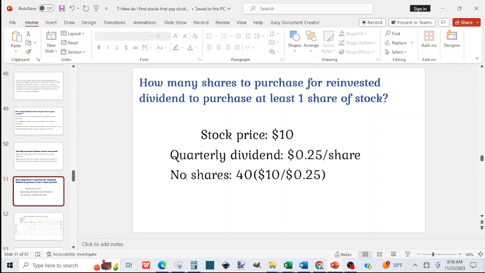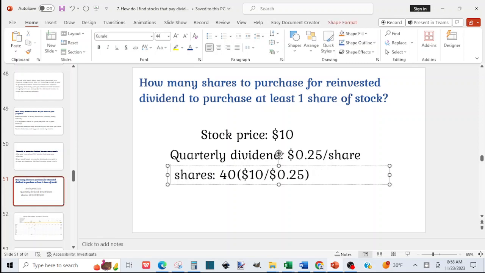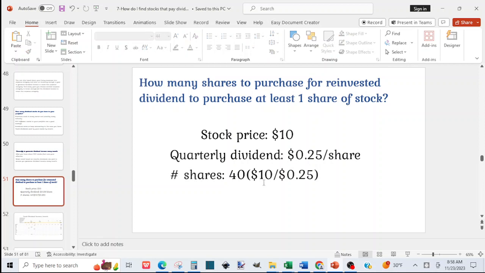This is confusing, but the number of shares will be 40. You just take the price divided by what they are paying, and that gives you 40.